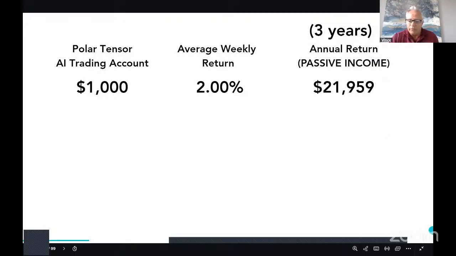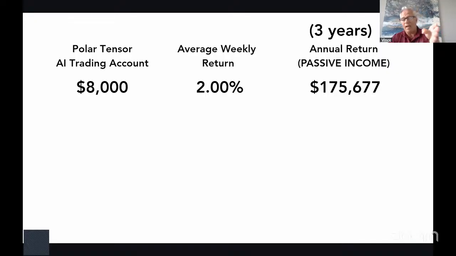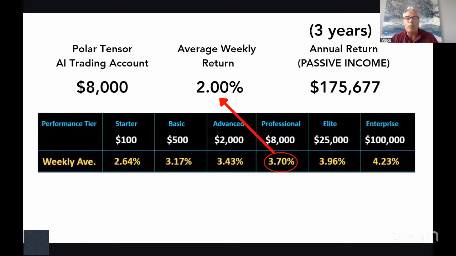Okay. So now, if you had, as an example, $2,000 in that account over the course of 3 years, that'd be $43,000. If you had $8,000 in the account at 2% per week, that would be $175,000. And if you look, the average weekly return for an $8,000 account in Polar Tensor on average is 3.7% per week.